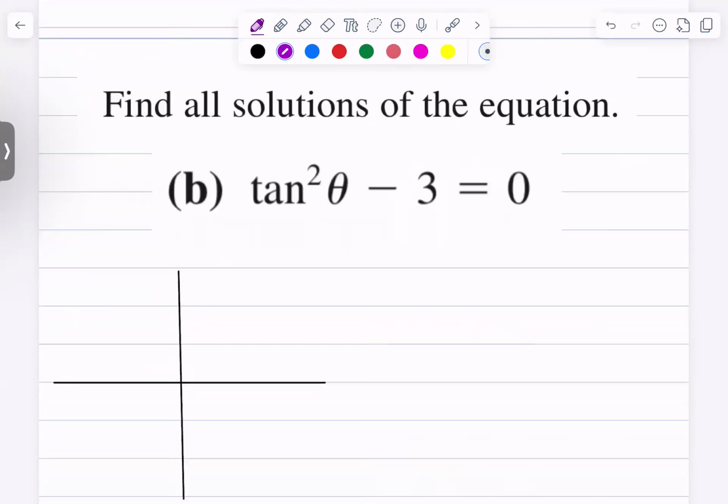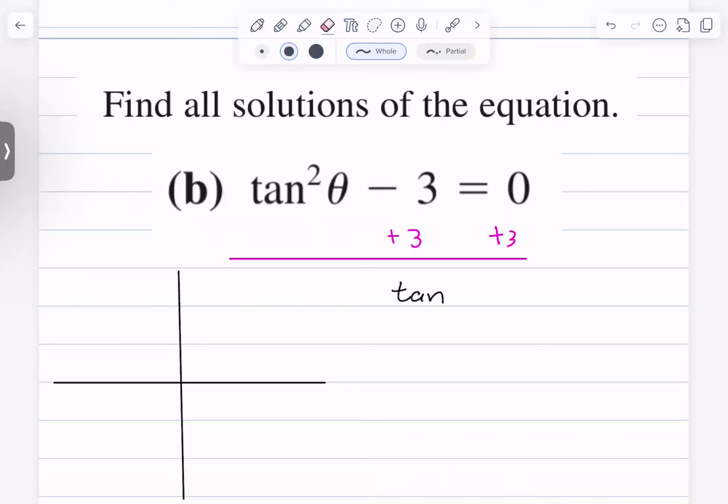So what do I do first to solve for tangent of theta? Add 3 to both sides. When I add 3 to both sides, it's tangent squared theta equals 3. And then how do I get rid of the squared?